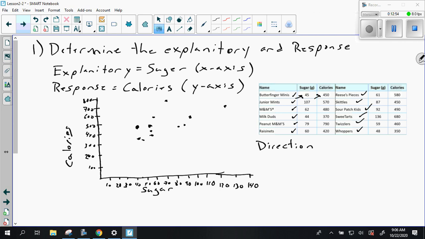For a positive association we should have something that looks like that. For a negative association it would look something like this. If we were going to say that the association is weak, which is our only last choice, we would have something kind of like that. So this direction looks like it is positive.